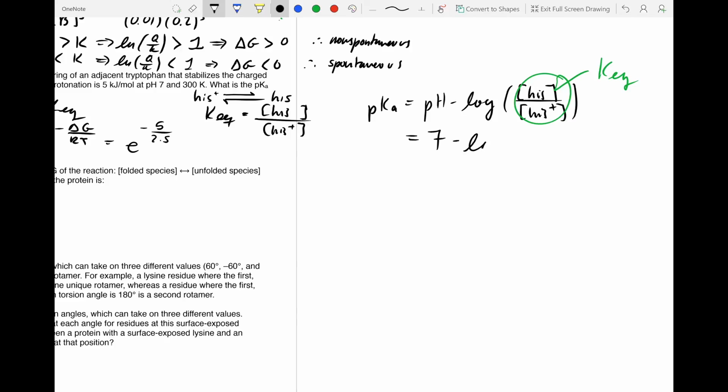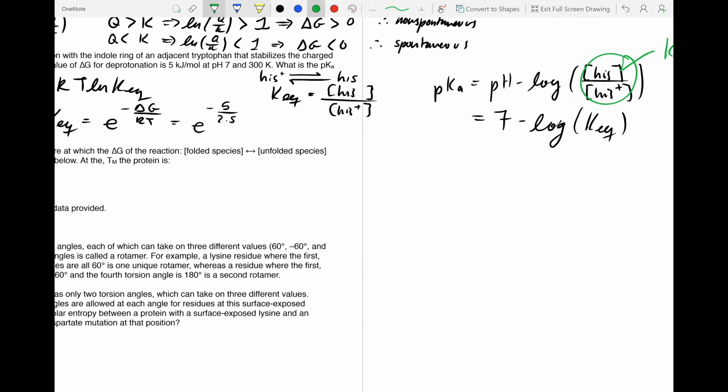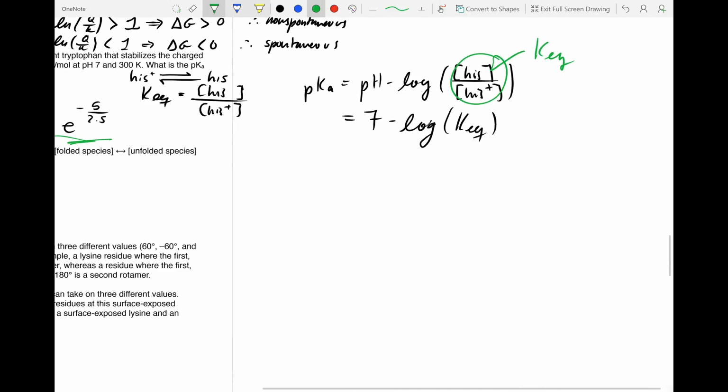And you should get a value for the pK using this value for your KEQ, and taking the log of that and then doing 7 minus that value. And I believe it should be 7.869.